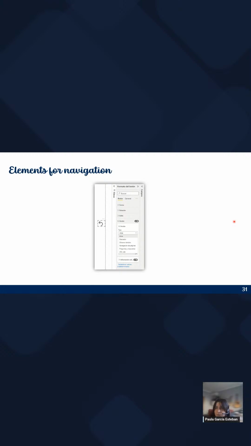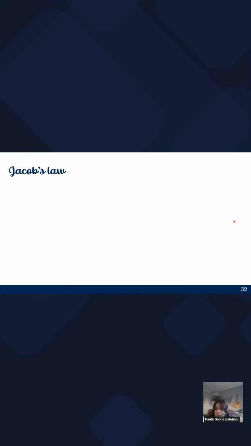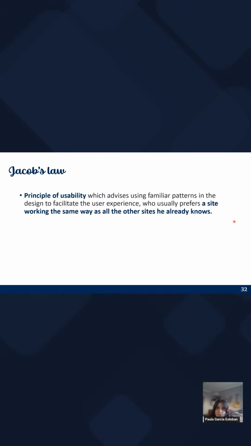Okay, so when we talk about elements for navigation, we need designs for every single button we are going to use. And this is based on Jakob's law. It's a principle of usability that tells us that something we know from other sites and other websites is something we already know. So the more we reuse things we see in our digital ecosystem in general, the better, because people will understand easily how it works.